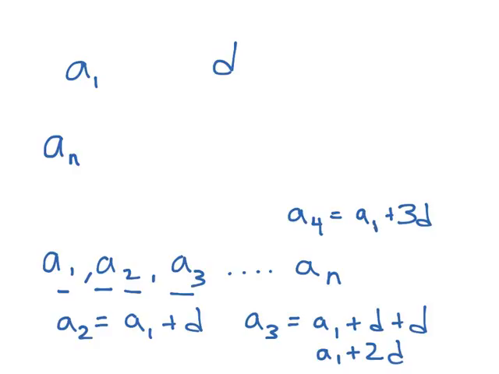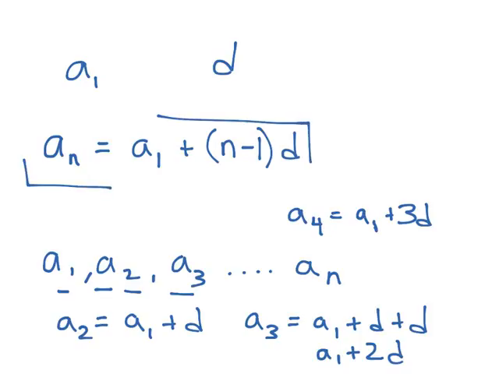So if we try to generalize this, AN should be equal to A1 plus n minus 1 times D, where D is the common difference, and A1 is the first term, and AN is the nth term that we're looking to find.